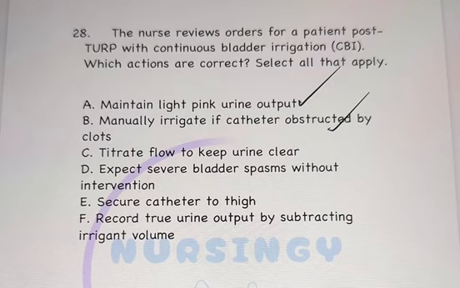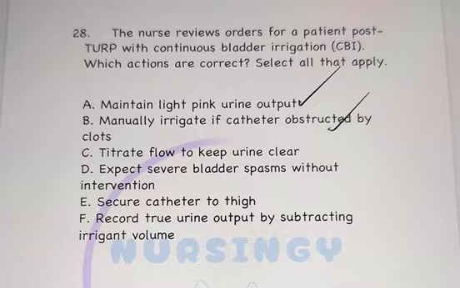C: titrate flow to keep urine clear. What about C, guys? Is our goal clear urine? What is our goal? We discussed it in option A. So C is wrong, guys.